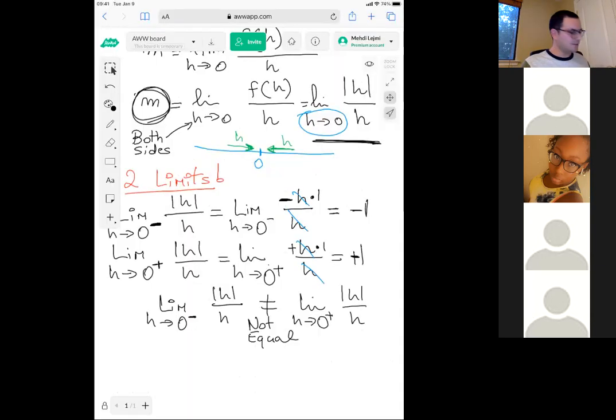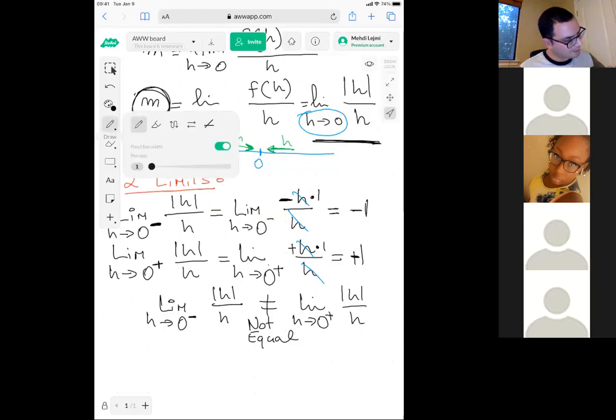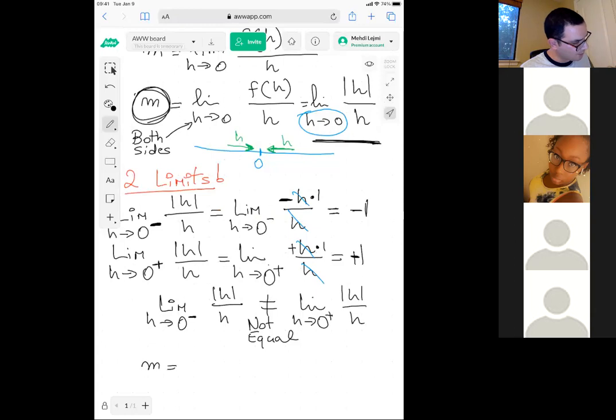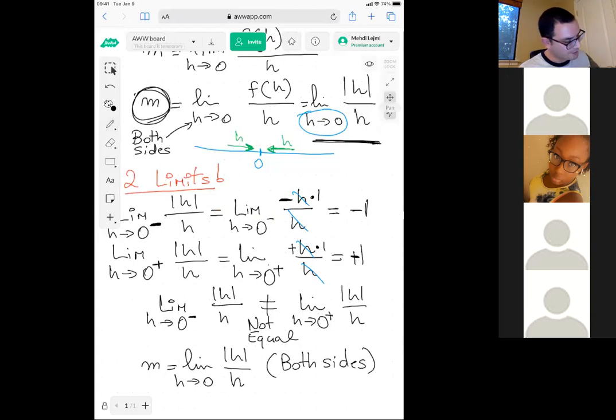So this m, which is equal to the limit as h goes to 0 of absolute value of h over h, from both sides, this number m does not exist.